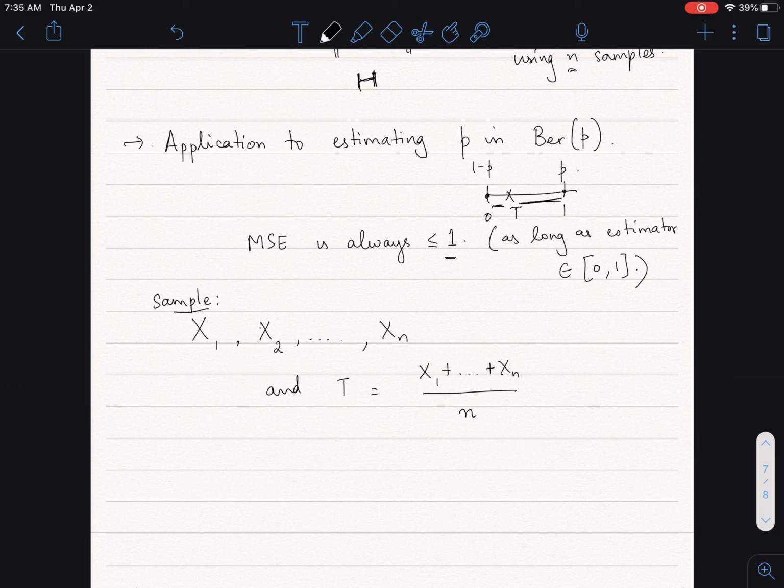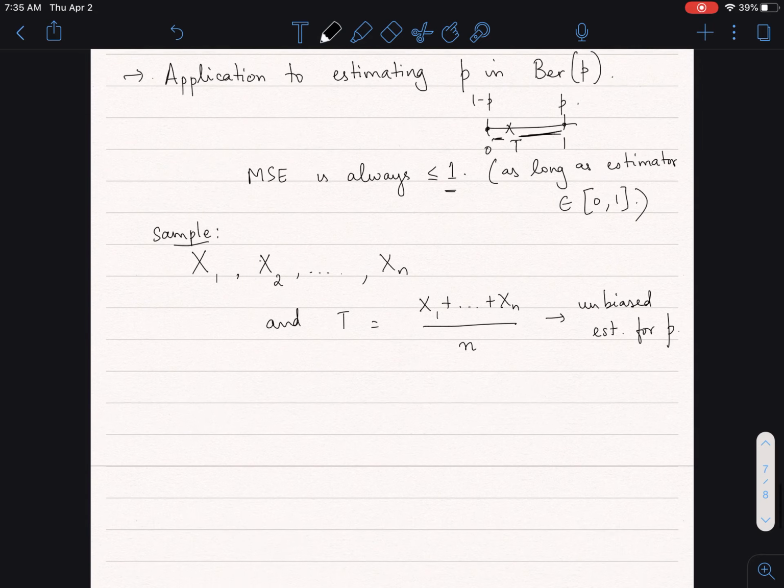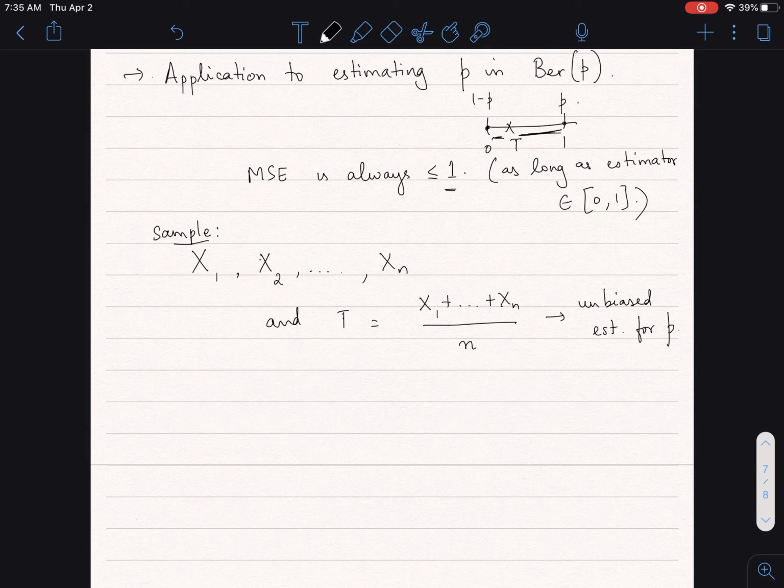We saw last time that this is an unbiased estimator for p. So if you have this quantity, let's now see what Chebychev's inequality gives us about the confidence interval. One thing that we saw last time is the mean squared error of this estimator.